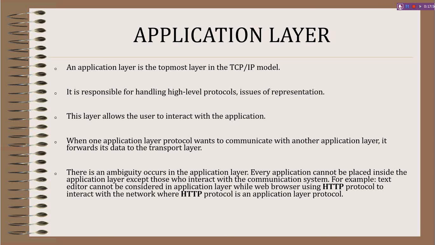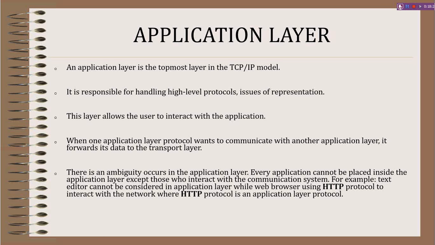There is an ambiguity that occurs in the application layer. Not every application can be placed inside the application layer, except those that interact with the communication system. For example, a text editor cannot be considered as being in the application layer, while a web browser uses the HTTP protocol to interact with the network, where HTTP is an application layer protocol.